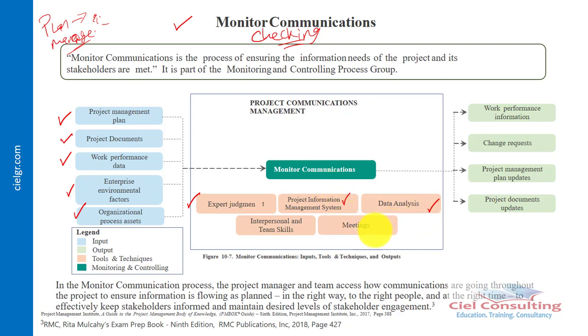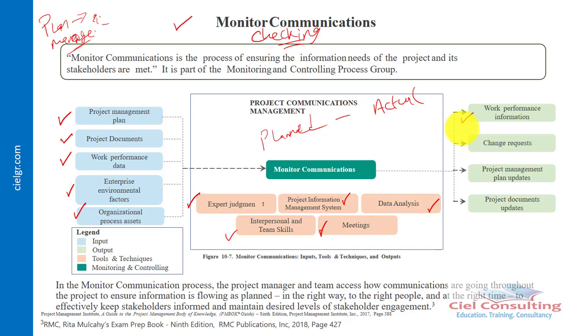Then also you do data analysis, comparing your planned communications against the actual, what is happening. And that's part of the things you do during the data analysis. You also need interpersonal and team skills, as well as meetings to enable you effectively monitor your communications. So the output you will get to be your work performance information.